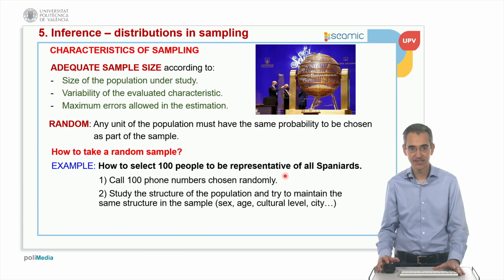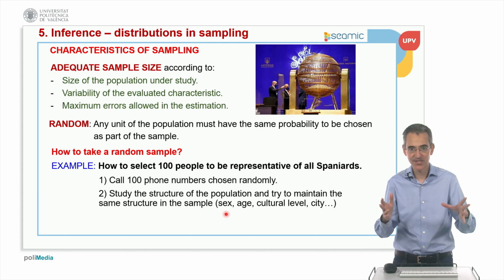Well, another possibility is to study the structure of the population and try to maintain the same structure in the sample. For example, if I know that 50% of people living in Spain are men and 50% are women, it is a good idea to keep the same proportion in our sample.